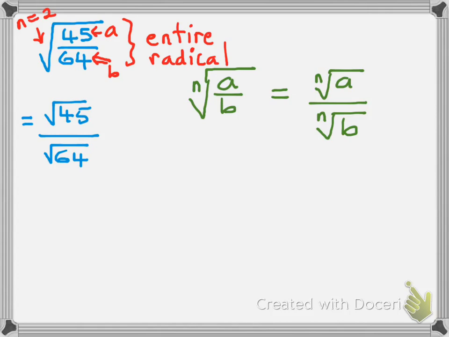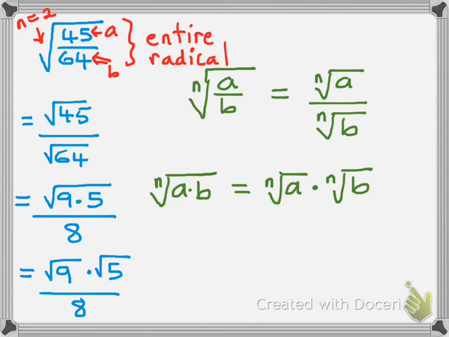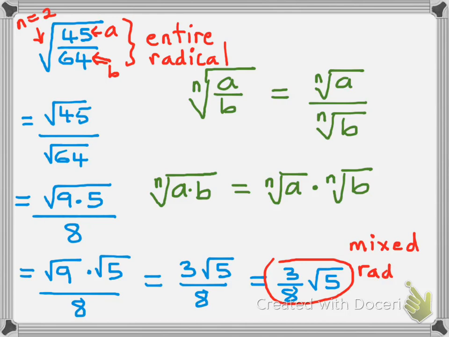The square root of 64 is 8, but the square root of 45 you have to break up according to our formula into its component factors, where one factor is a perfect square and the other one can just be any other number. In this case, it is 9 multiplied by 5. And you can use our formula to break them up further into the square root of 9 multiplied by the square root of 5. Your result is 3 root 5 over 8, which is the same thing as 3 over 8 multiplied by root 5. That's a mixed radical, and it is in simplified form.